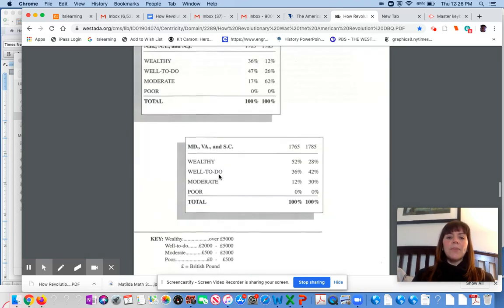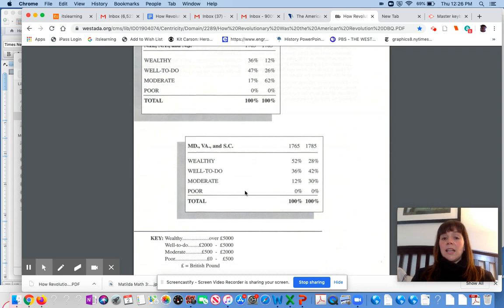Okay. And then you look here in the South, and this key is letting you know what wealthy means. There's definitely trends in which, in 1765, half of the legislatures in these areas are controlled by the wealthy. And that's going down. There's a shift, definitely.